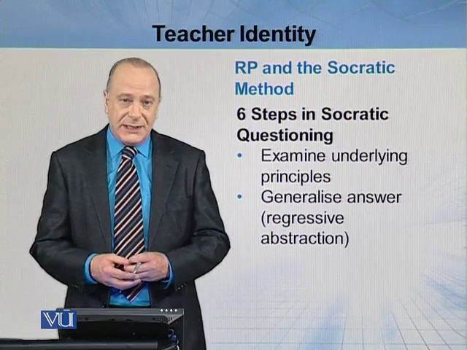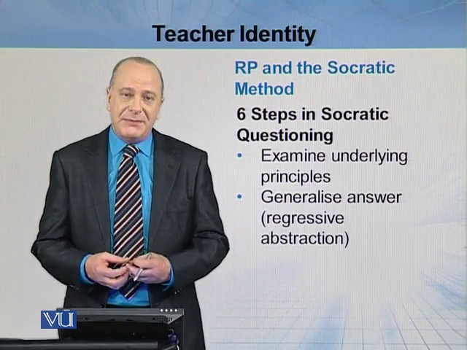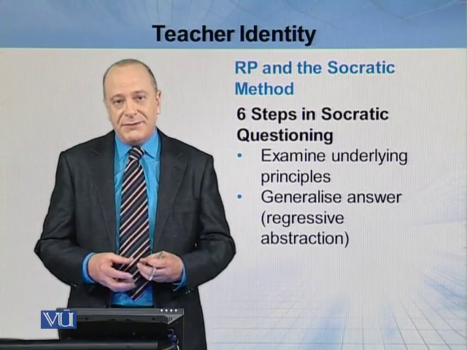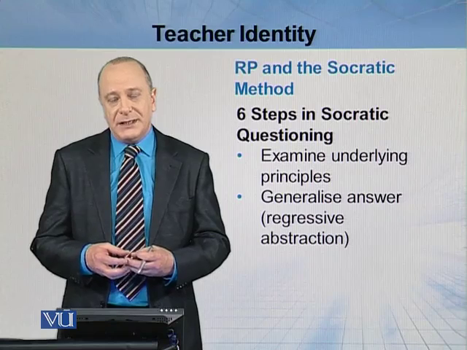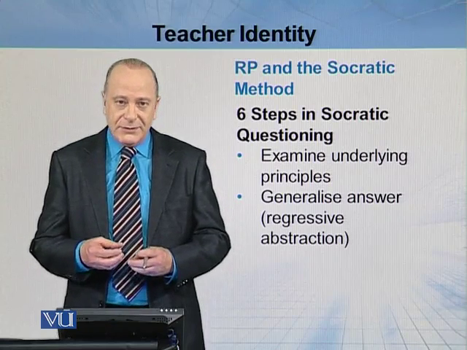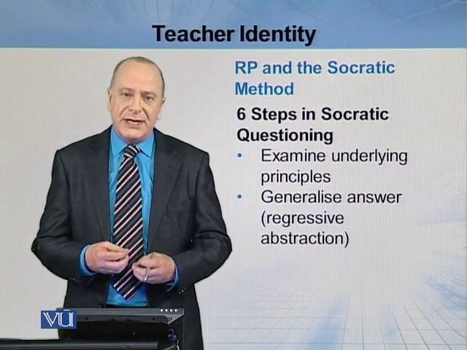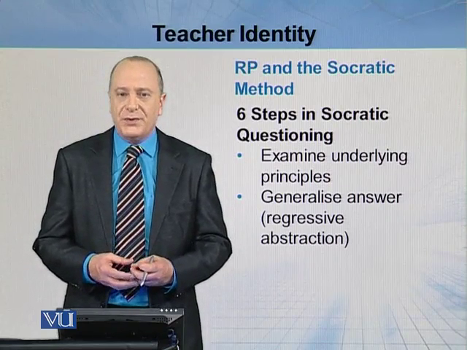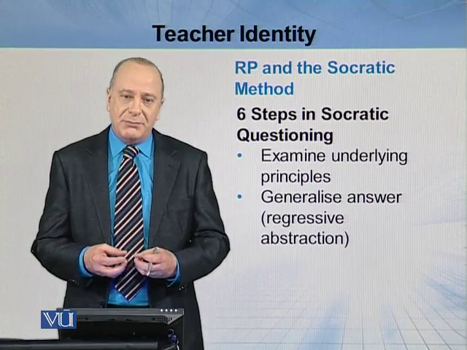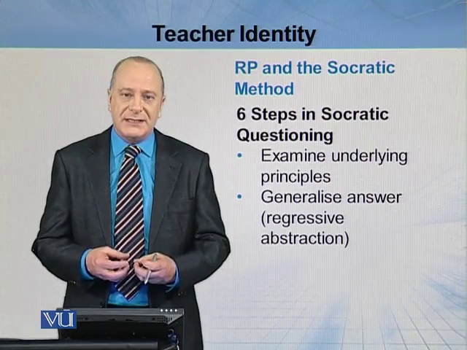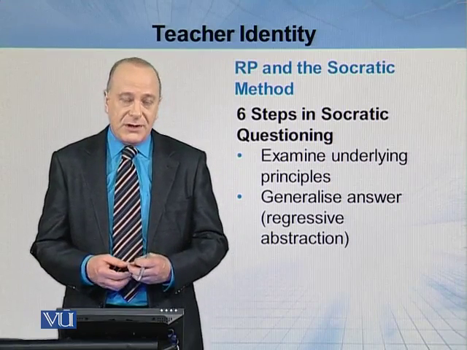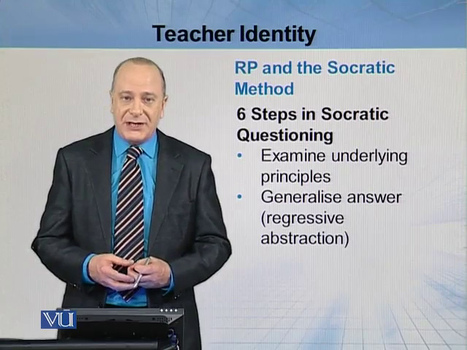The 5th question is actually examining the underlying principles and the suppositions of the experience that the reflective practitioner is looking at. And then finally, how to generalize from all this questioning, how to actually make a broad understanding from specific experiences. And this is known as regression abstraction.